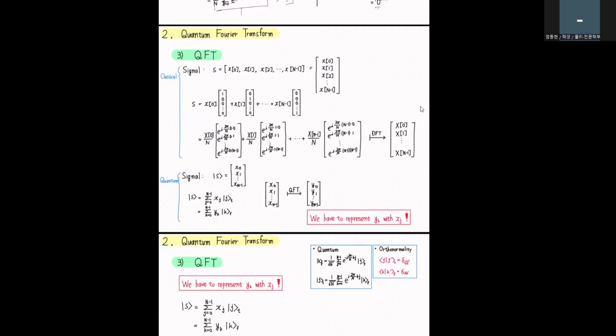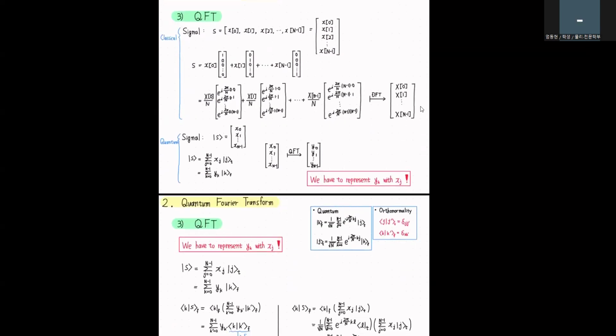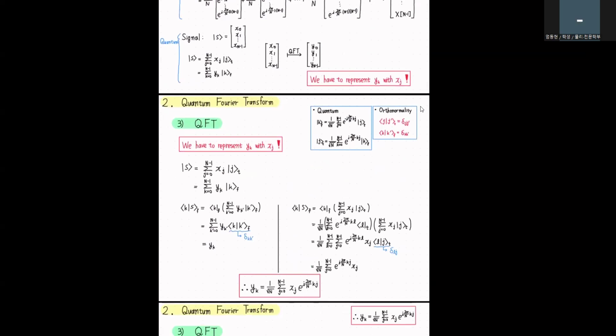So we've covered the classical case and the quantum case of the Fourier transforms. And we've seen how they preserve the property of orthonormality.